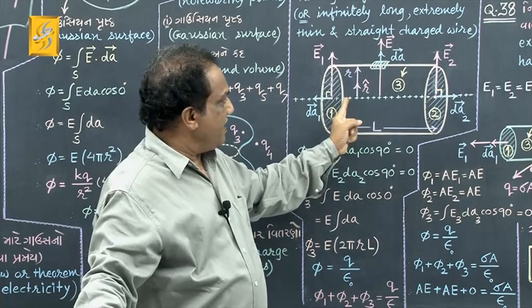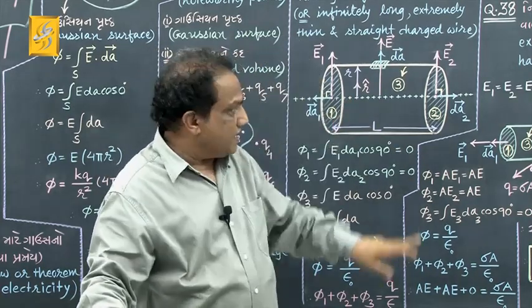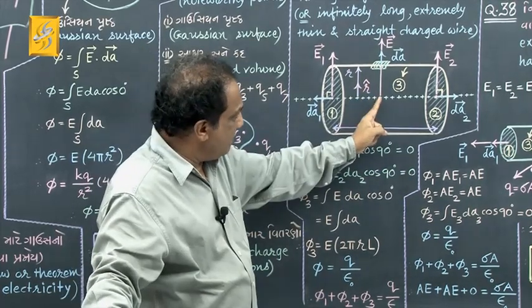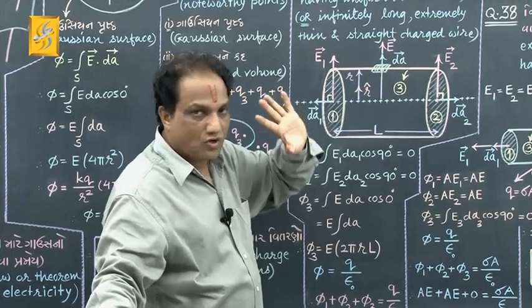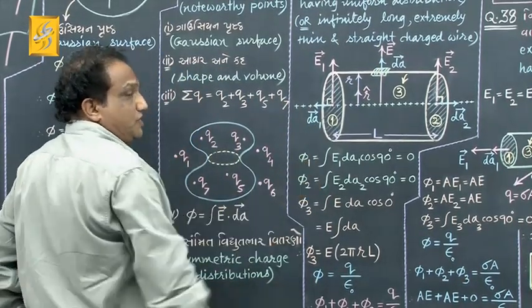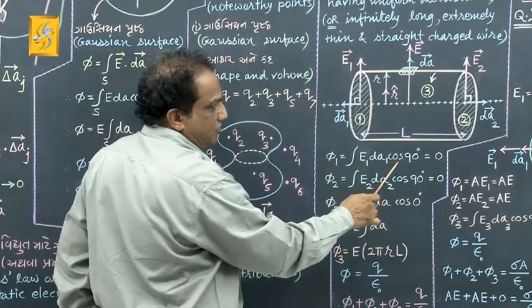Had it been made up of negative charges, the electric field would have been towards it. Right now we have considered positive charges, so I am showing the electric field away from it. Got it? Fine. Now tell me, according to the general formula for electric flux, it is integration E dA cos theta.